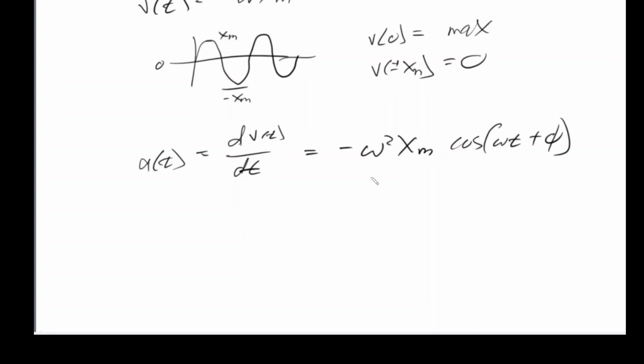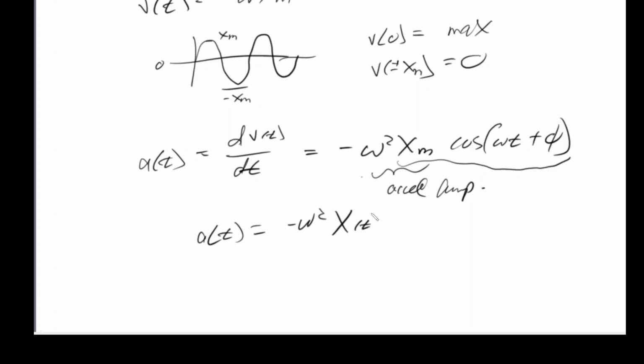And this is called the acceleration amplitude. But notice that xm cosine omega t plus phi is simply x of t. So acceleration of t is minus omega squared times x of t.